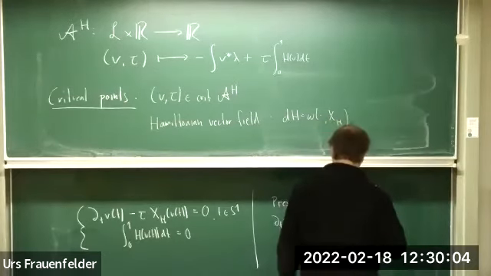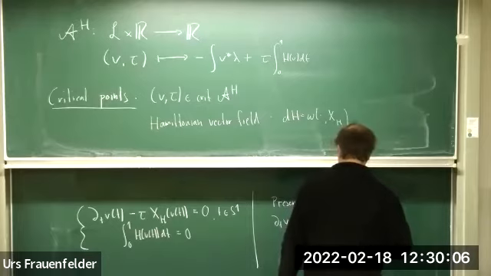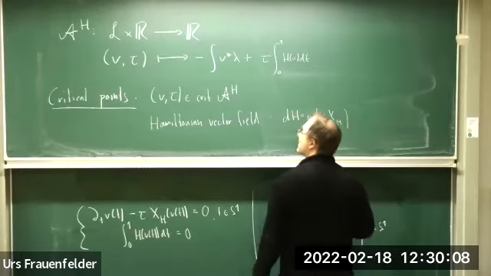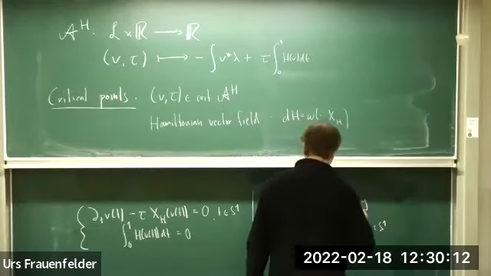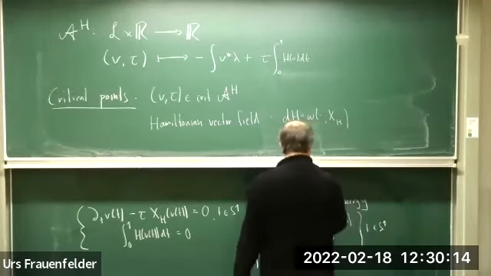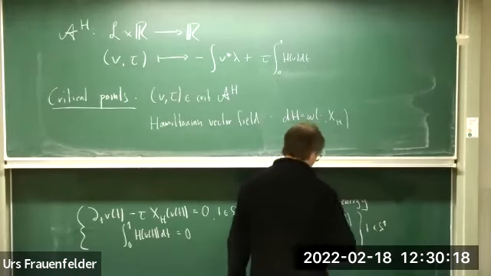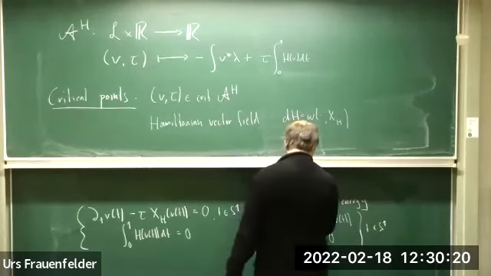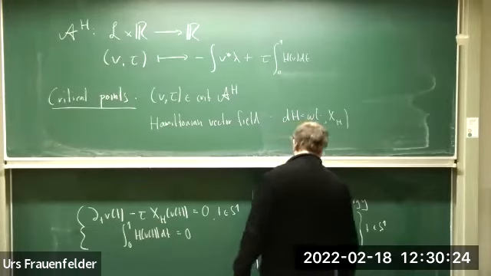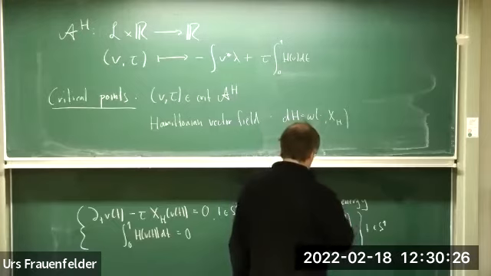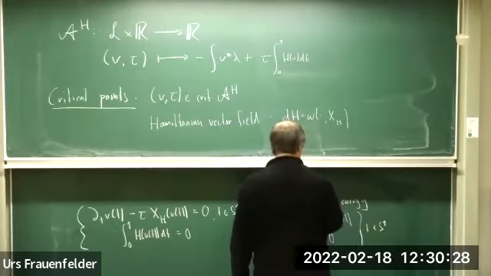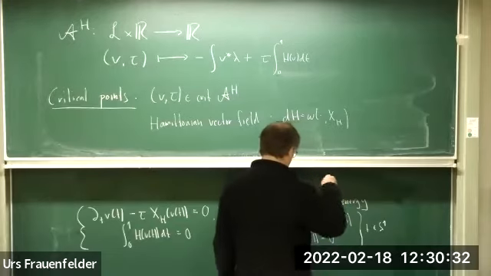But then, and this is a bit special for this action functional, and still a bit confusing, τ can also be 0. Then we have just a constant point on the hypersurface. But it can also be negative. And if it's negative, this means that we have a loop going backward.